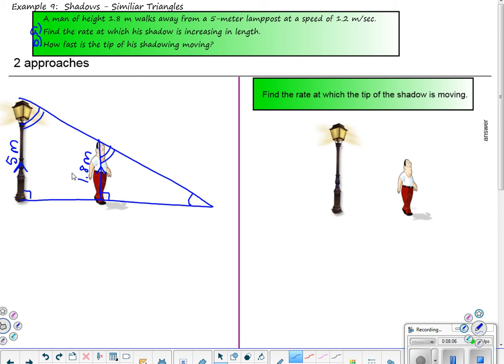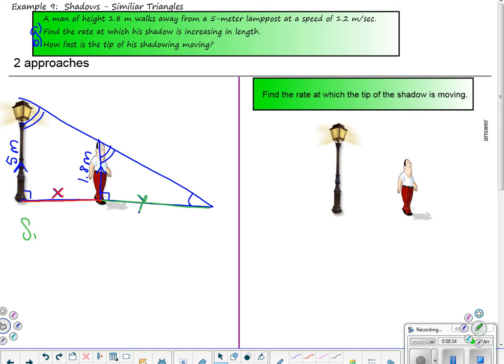We want to find the rate at which the shadow is increasing in length, so let's let the shadow be y and this segment be x. If you want to use color coding, I'm going to let the green segment be y. So let's try and set up a proportion.